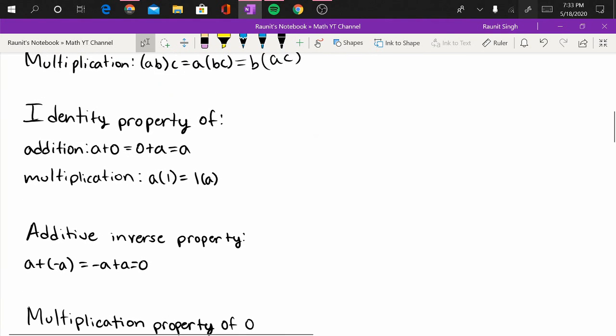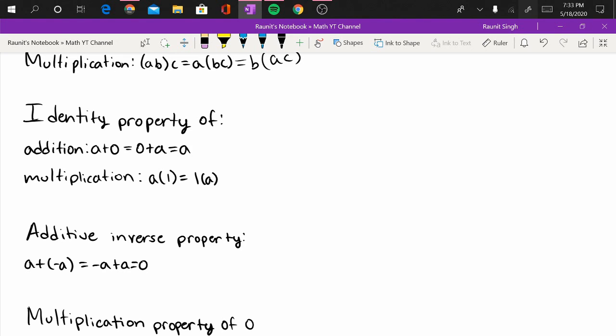Now we're going to talk about the identity property. The identity property is basically, for addition, what number can you add and make it result in the same number that you had. So say I had 18, then what number can I add to this 18 so that it remains 18? And that would be 0.